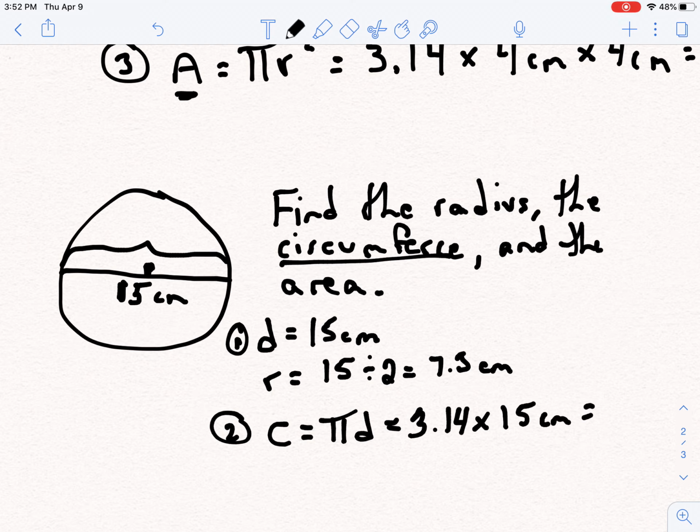So it's going to give me a bit of a bigger number. Again, going to my calculator to make sure that I get the answer right here. 3.14 times 15, 47.1 centimeters. So all of a sudden now I'm sitting at 47.1 centimeters.